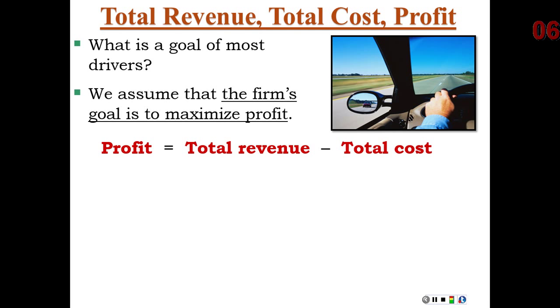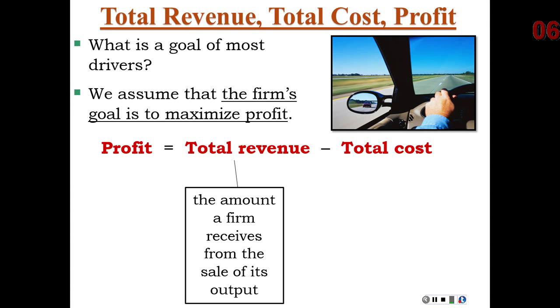Profit's simply going to equal total revenue minus total cost. It's pretty basic. Total revenue is simply price times quantity. If I go in to the quad and I'm selling ice cream cones, if I sell 200 ice cream cones at $2 a piece, right, my total revenue is $400. That's not the profit I've made. That's the total revenue, the amount of cash flow into my business, right?